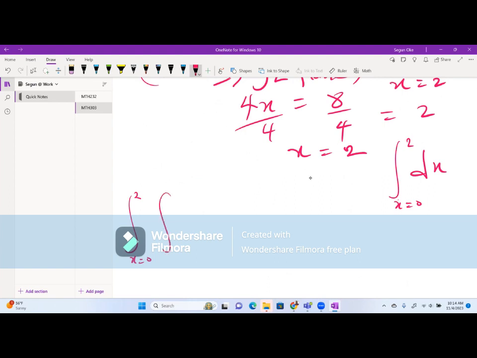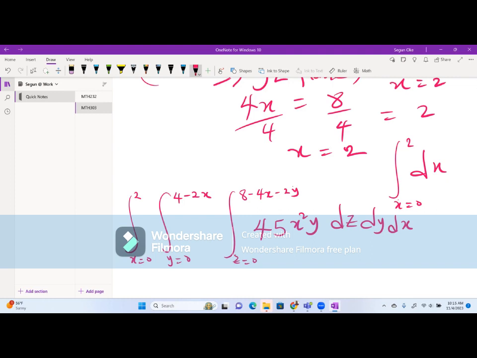For y, you have y equals 0 to 4 minus 2x. And the last one, z, 0 to 8 minus 4x minus 2y, of 45 x squared y. Then we know the z, the y, the x.